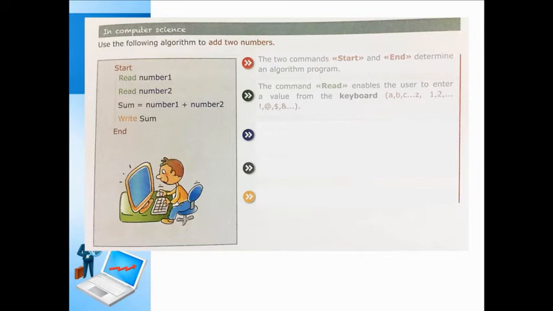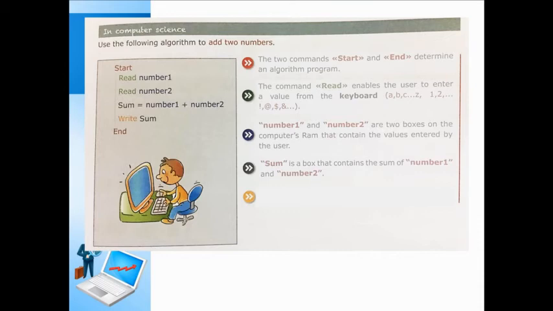It enables the user to enter a value from the keyboard, like A, B, C up to Z, then numbers 1 to 3 and so on, then also symbols. Number 1 and number 2 are the two boxes in the computer's RAM that contain the values entered by the user.